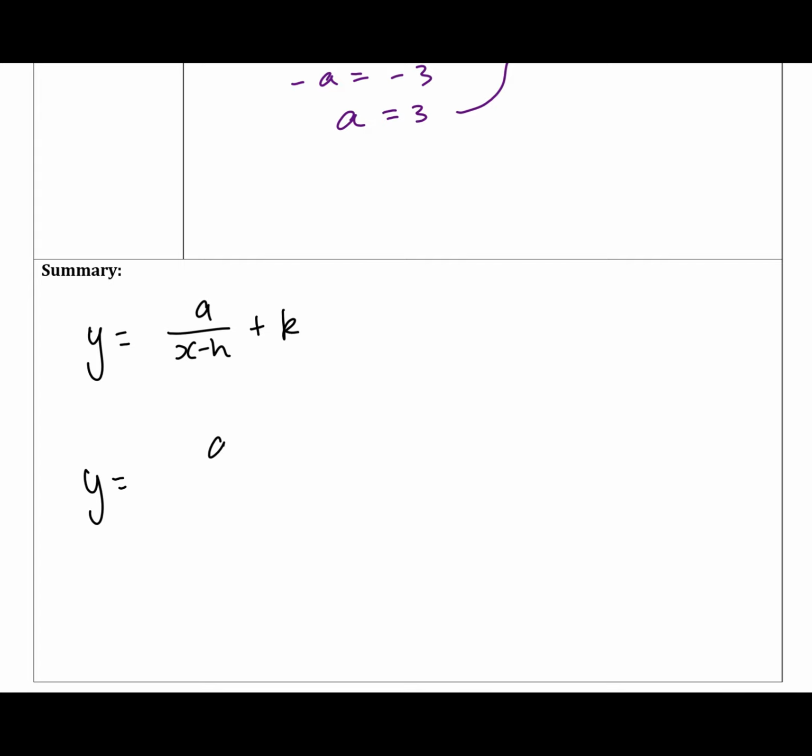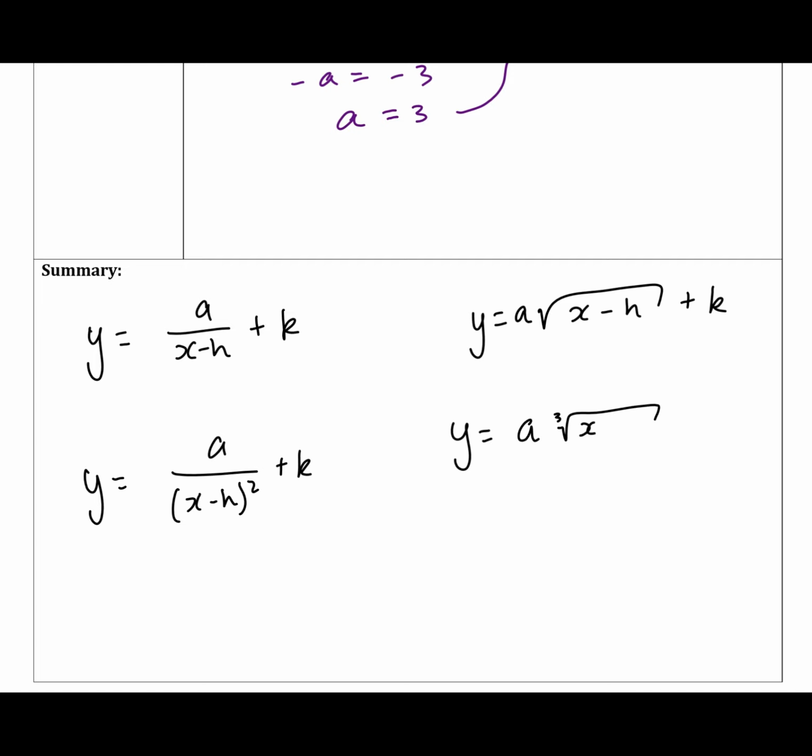I've got my truncus, which is very similar: a over x minus h squared, plus k. We can think of our square root function, a times the square root of x minus h plus k, or our cube root function, which is a times the cube root of x minus h plus k. Now, we can always look at the value a for our shape.